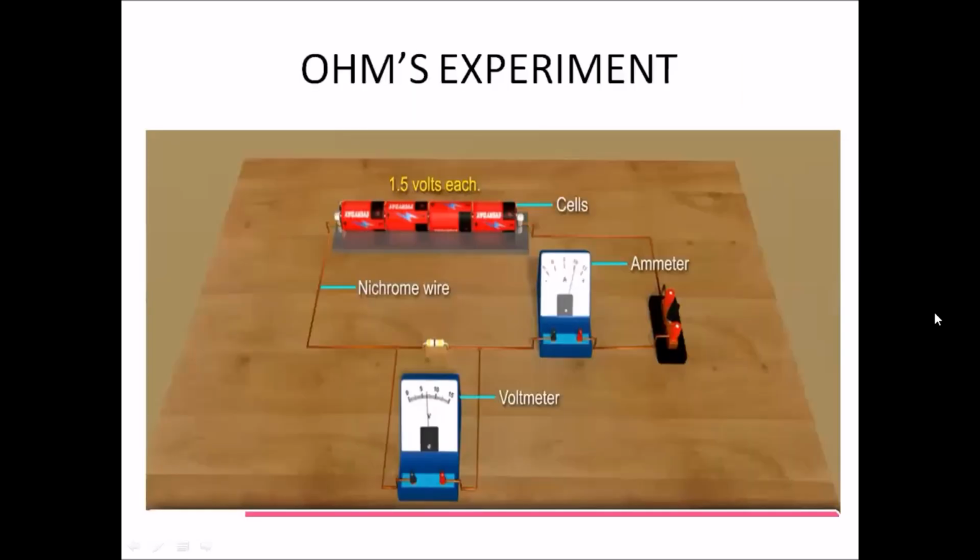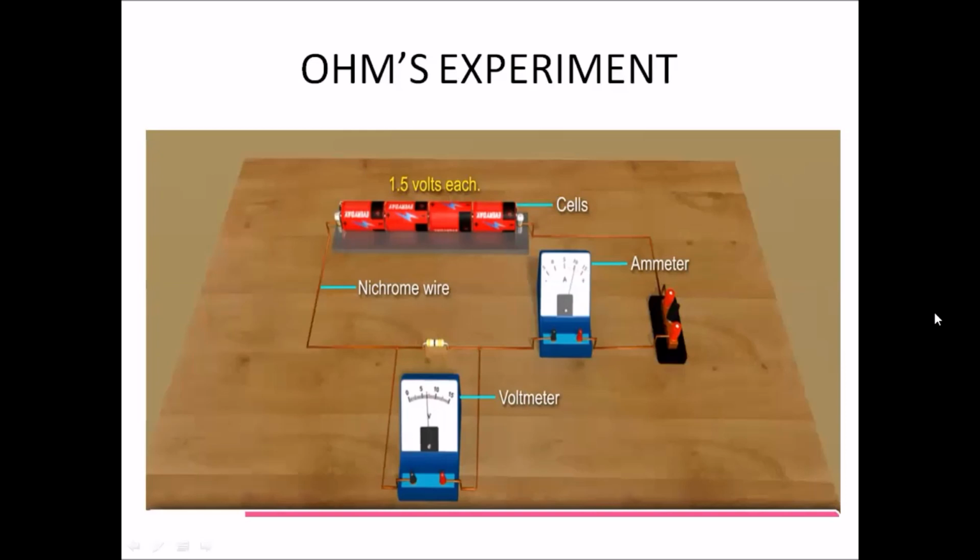Ohm's law states that current flowing through a conductor is directly proportional to potential difference across the end. If we connect one cell in the circuit, suppose 1 ampere current flows. On connecting two cells in series in the battery, suppose the current is doubled. On connecting three cells, current will be tripled definitely, and so on.